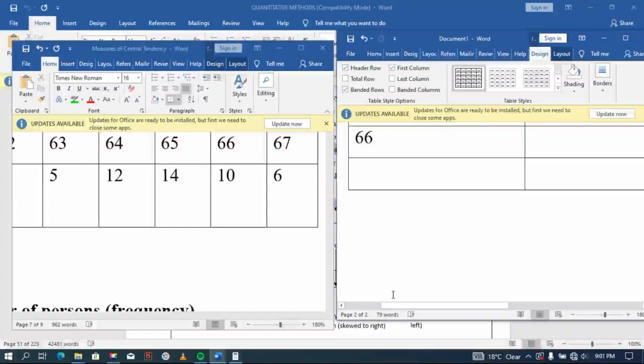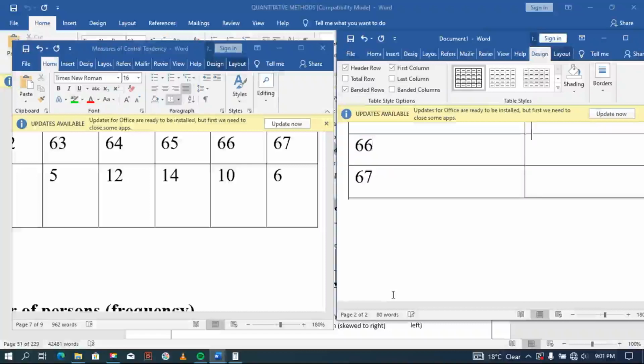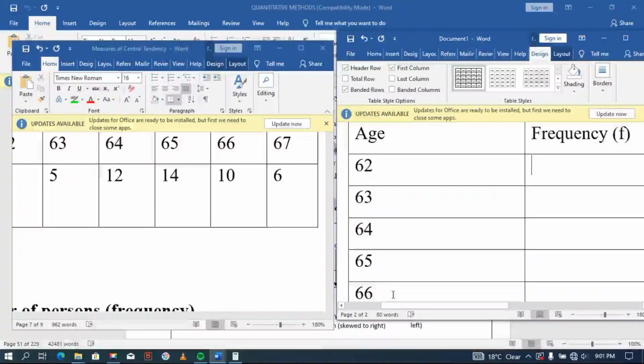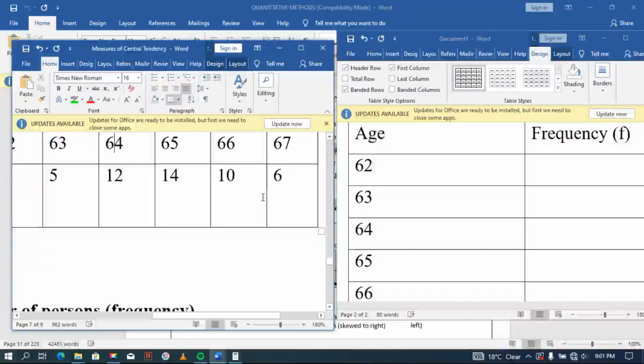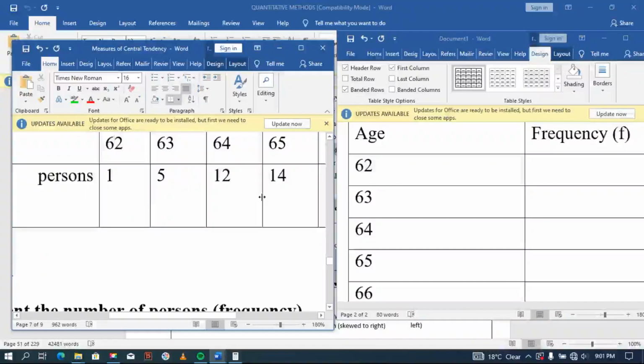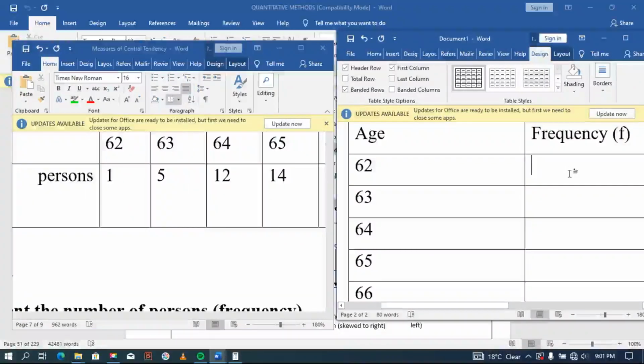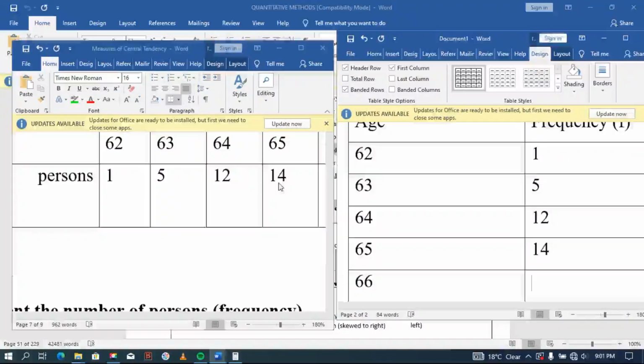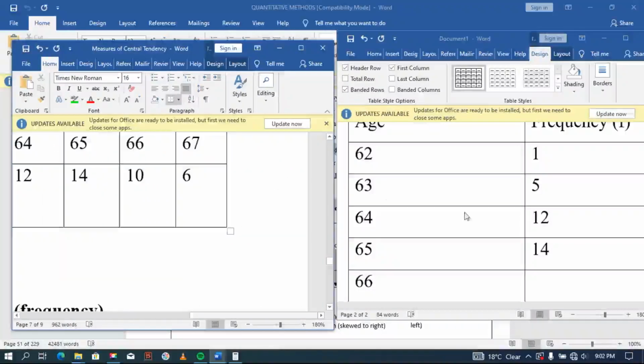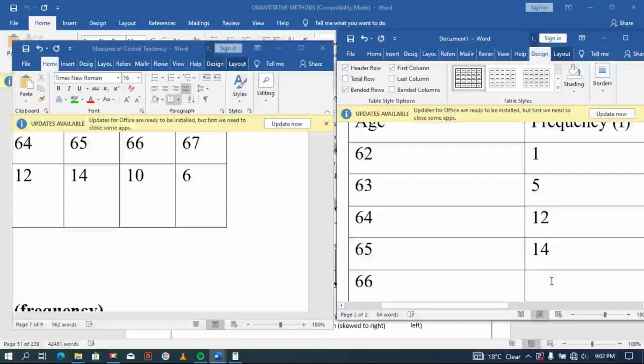Then we can enter the frequencies. Under 62, we have 1, then we have 5, 12, 14, then 10 under 66, and then 6 under 67.